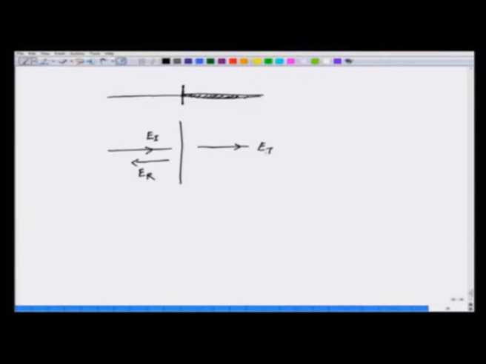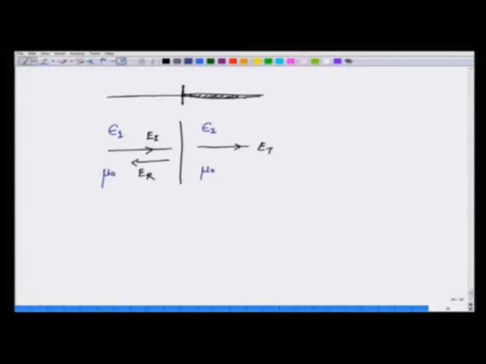Let us see, one medium on one side has permittivity epsilon 1, on the other side it has permittivity epsilon 2. And let us take them to be non-magnetic, so that the permeability is the same, mu 0.